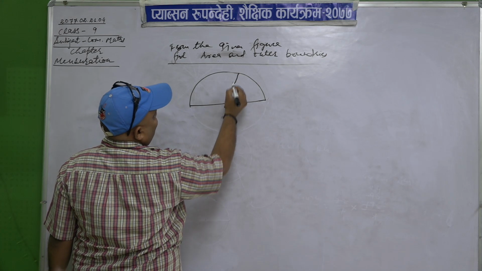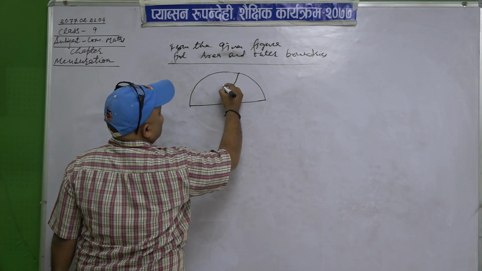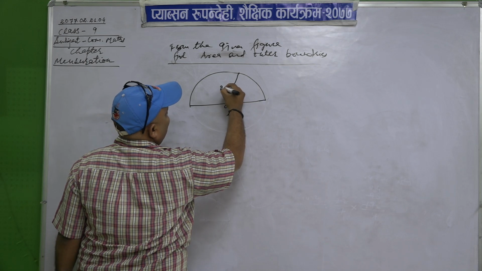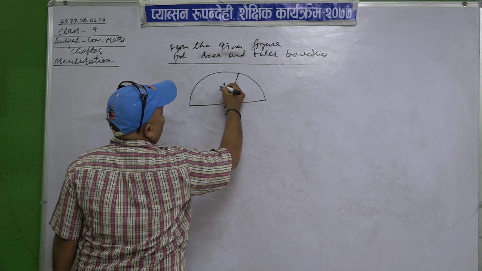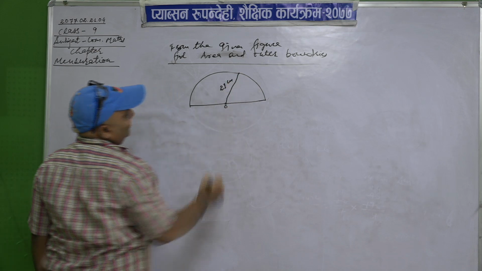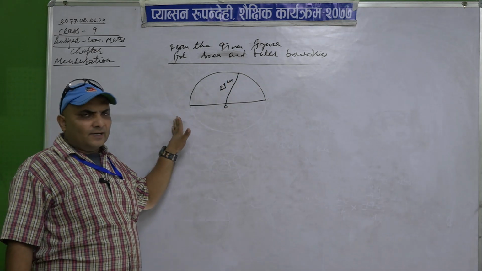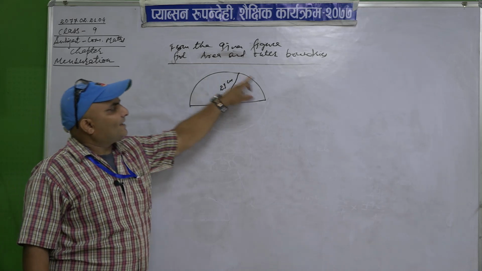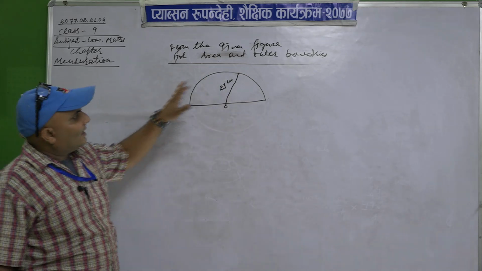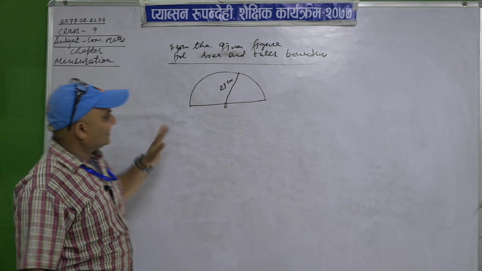Here O is the center of the circle. This line is given as 21 centimeter. From this figure, we have to find out area and outer boundaries.